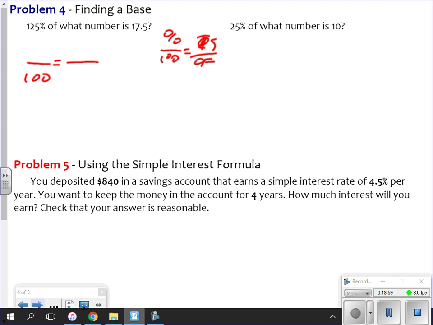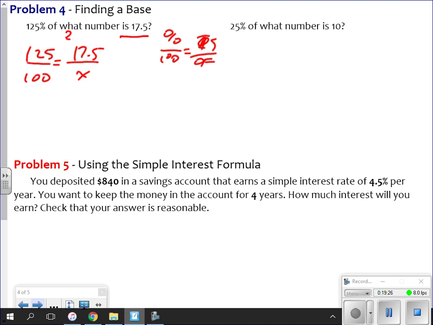The 125, because we've got 125%. What goes on top of the other side? 17.5, because that's my is. What goes on the bottom of the other side? The X, because that's what we're looking for.